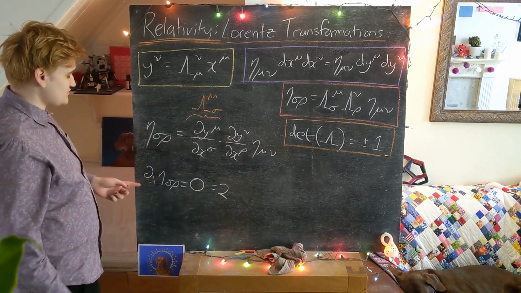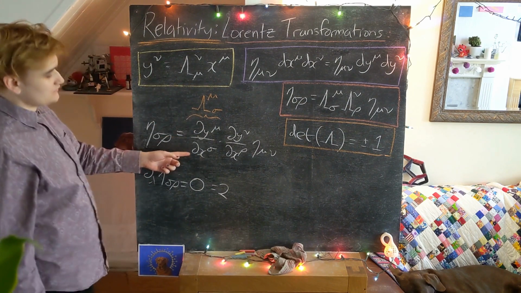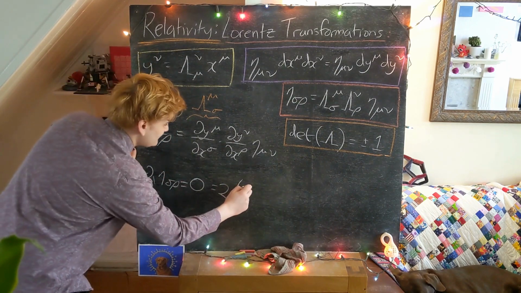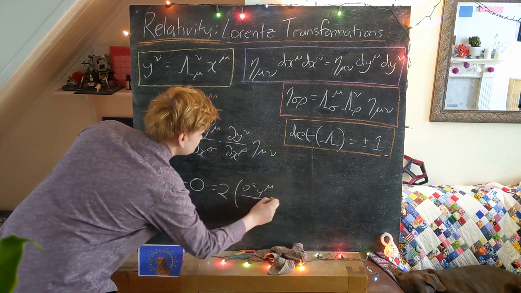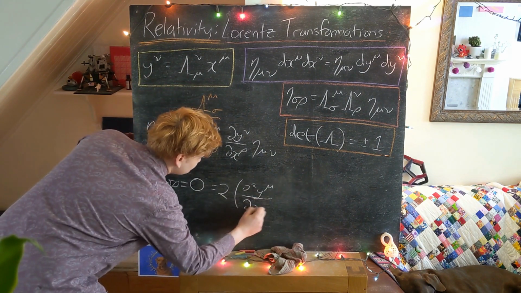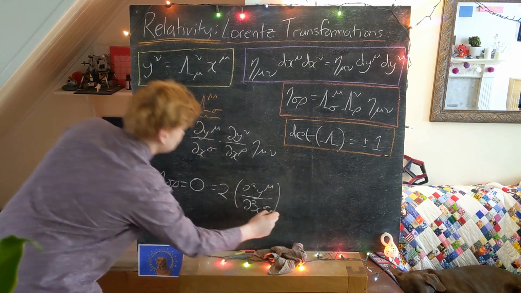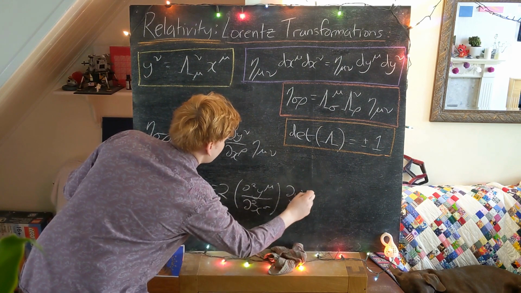So when I take this partial derivative with respect to x lambda, we're going to get a second derivative, so a d squared, and then just our first expression.